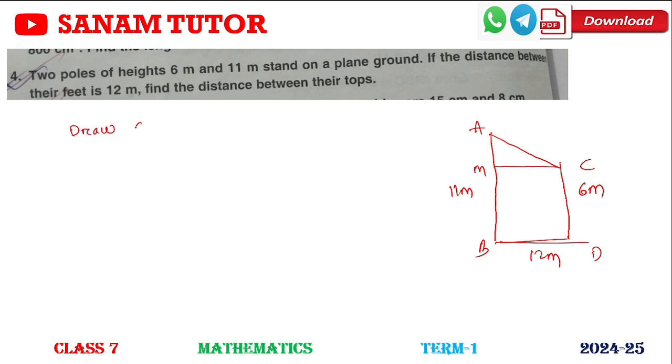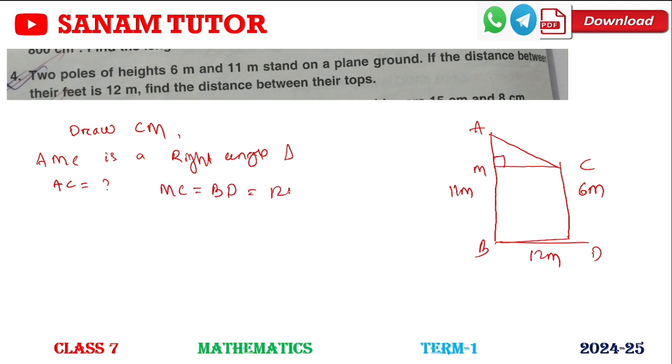So first draw CM. Now AMC is a right angle triangle. AMC is a right angle triangle. Any doubt? So we can write down, MC is equal to BD is equal to 12 m, and AB minus CD must be equal to AM, because total is 11, here is 6.